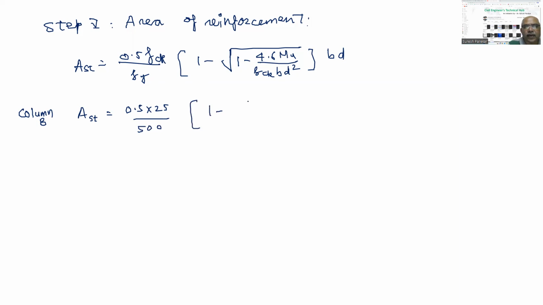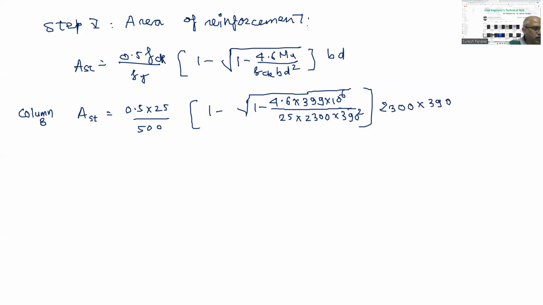And then we put 1 minus root of 1 minus 4.6 into Mu, which is 399 into 10 raised to 6, divided by FCK 25, B 2300, and D 390 square, and multiply by 2300 into 390. And from this we get the value 2491.48 millimeters square.